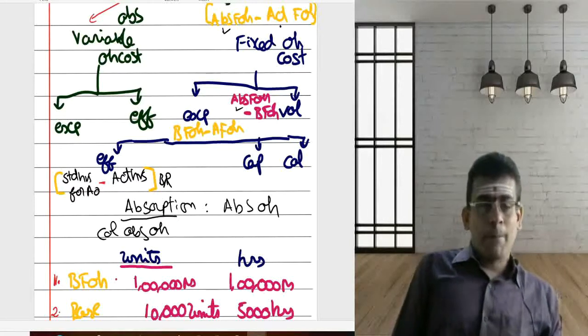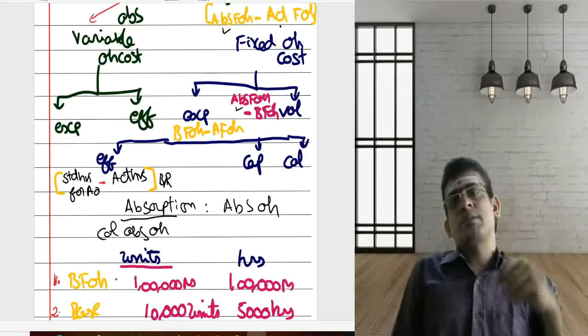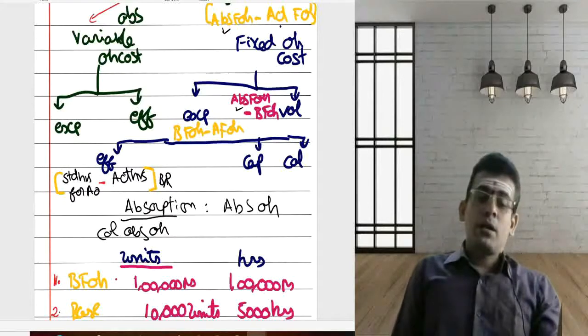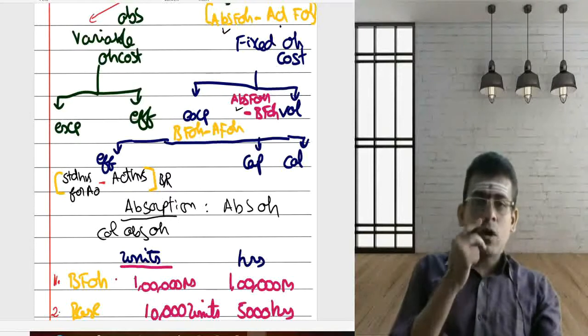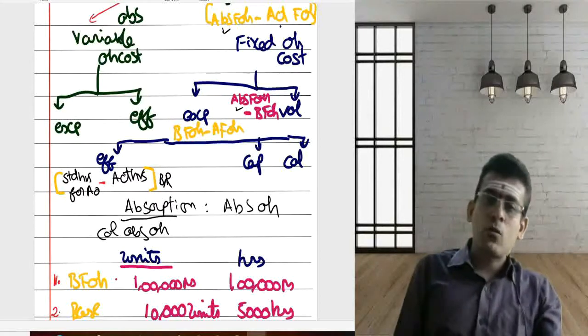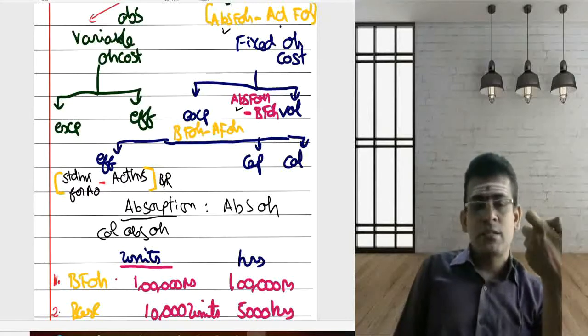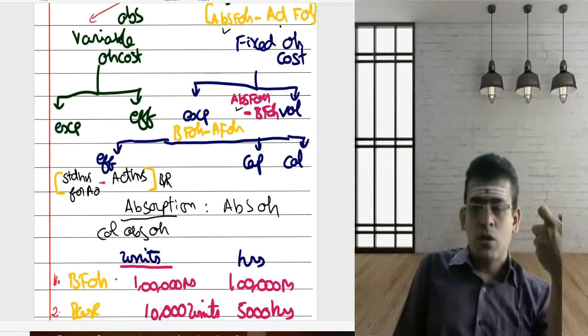You are budgeting to work at 80% capacity. You are budgeting for some budget hours. But in real terms, you are not working at 80% capacity, you are working at only 60% of capacity. Then there is a difference in the number of hours you are working. So now what do I need to do?